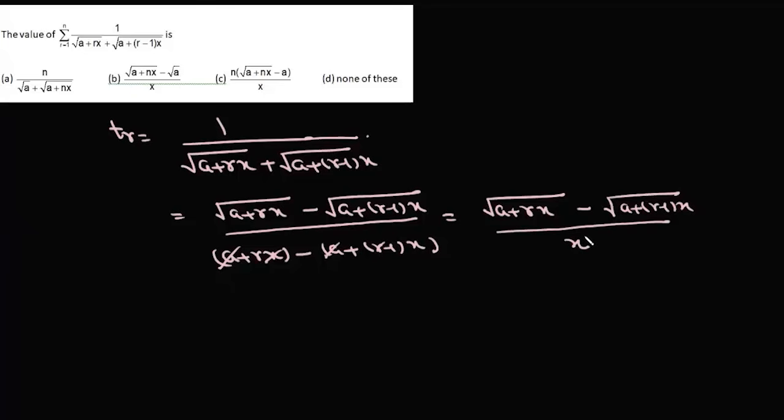upon x. Now we need to find this sum, which is summation r varies from 1 to n of T_r.